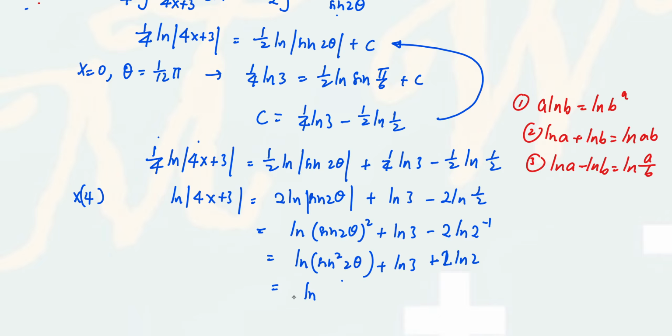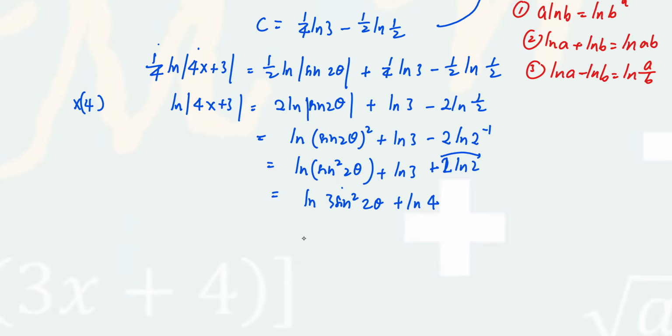For the first two terms, I can combine first because of the second formula, so ln of 3 sine squared 2 theta, and then this is plus 2, these 2 move up using the first formula, that is 2 to the power 2, that is ln 4. And now you combine.